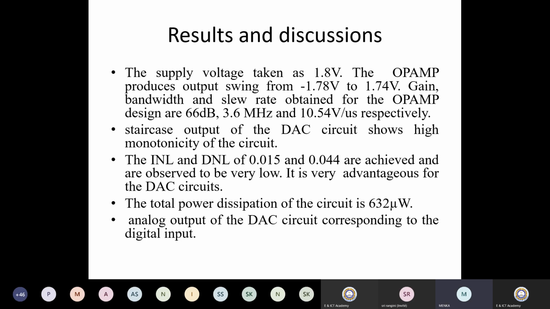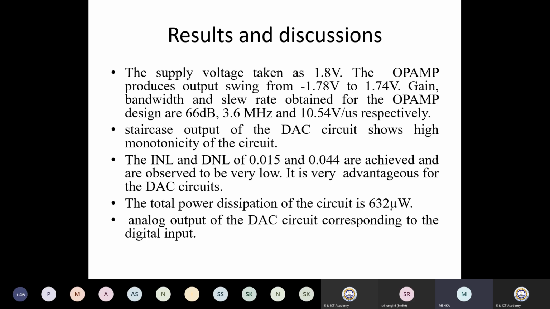One more important parameter is power dissipation. The total power dissipation in the circuit was 632 microwatts.